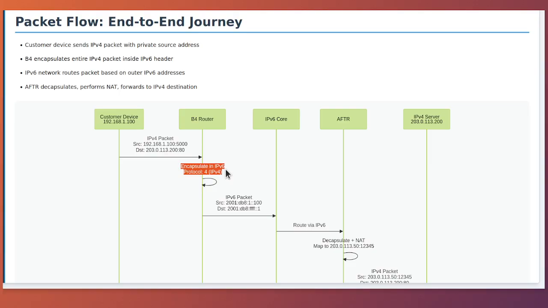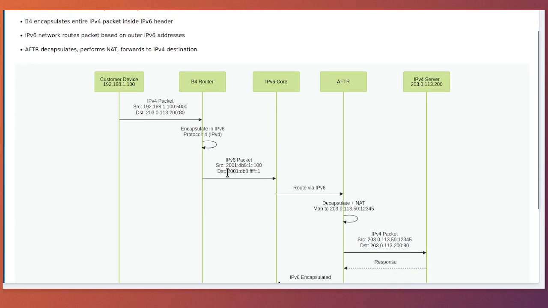The IPv6 header contains the B4's IPv6 address as the source, something like 2001:db8:1:100, and the AFTR's IPv6 address as the destination, perhaps 2001:db8:FFFF:1. The next header field in the IPv6 header is set to 4, indicating that an IPv4 packet follows.